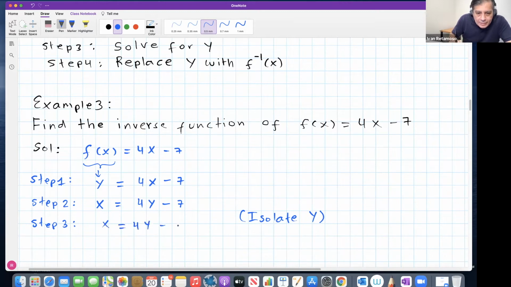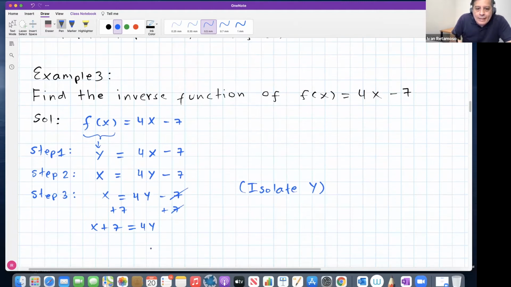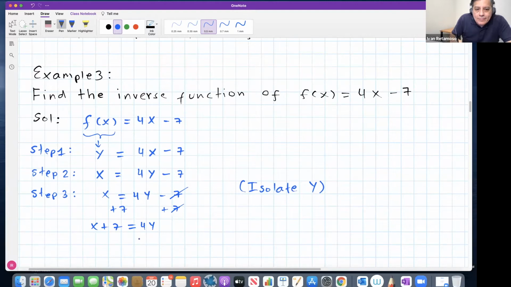first step, for instance, I can add 7 to both sides, right? Or just transpose this, changing its sign, right? Either way. So here I will have x plus 7. Here for y, notice minus 7 plus 7, 0, right? And what should be next to finish isolating this? Anybody? What's the next step to isolate y?